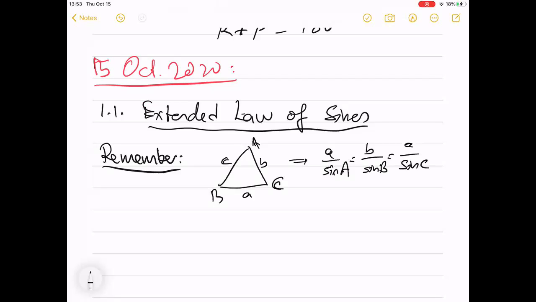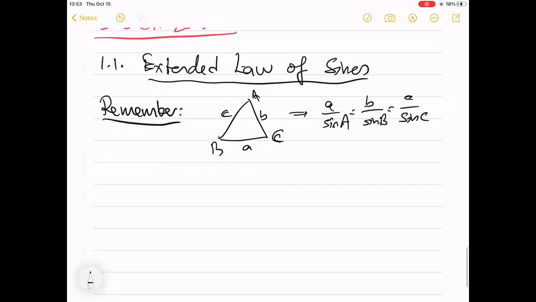This extended law will be a little bit of an extension of this theorem. Let me write it as a theorem, the extended law of sines.